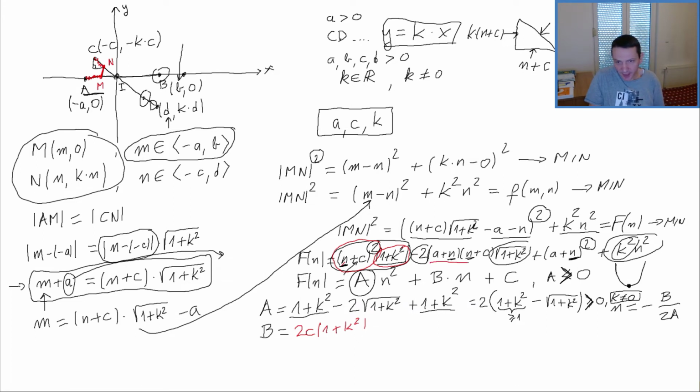And then in the second term we obtain n as a times n and c times n. So we will have this minus 2 in front. We will obtain here a plus c in front of n, and also times this square root of 1 plus k squared. And also n will be the middle term in this square of a binomial, 2an, so plus 2a in front of n.